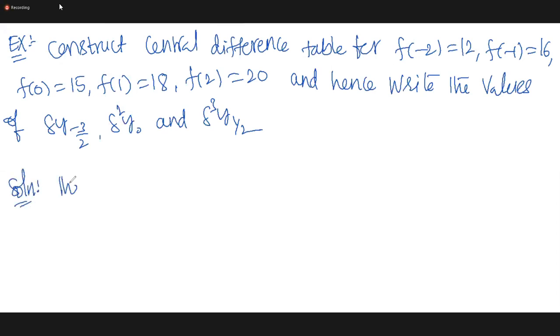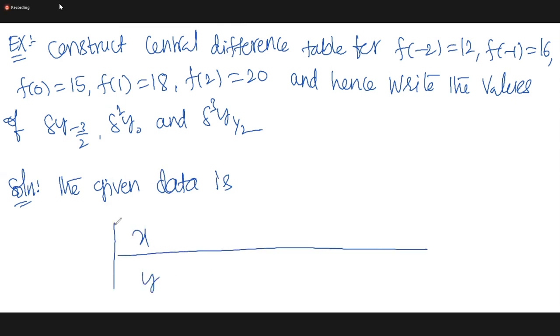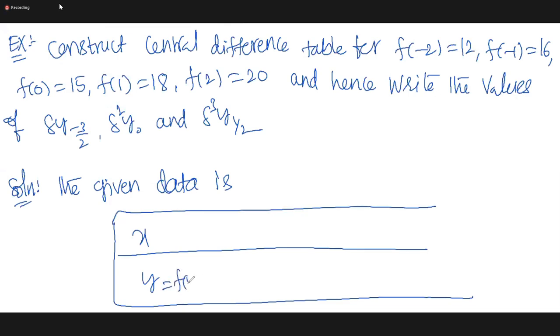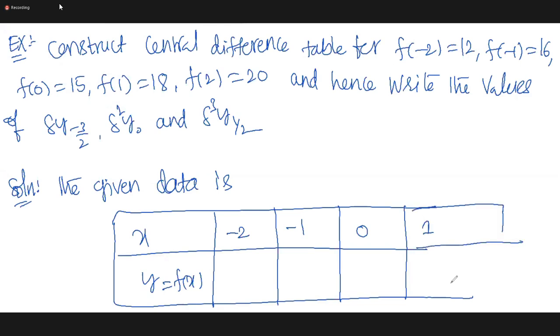The given data is x values, y values. So here y is nothing but f of x. What are x values here? X values minus 2, minus 1, 0, 1, 2.